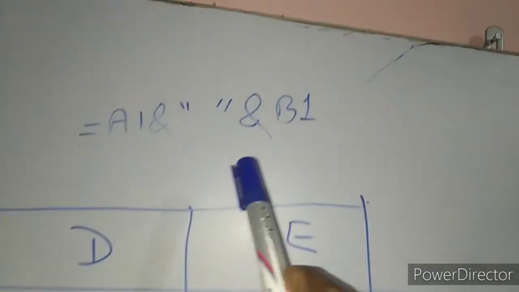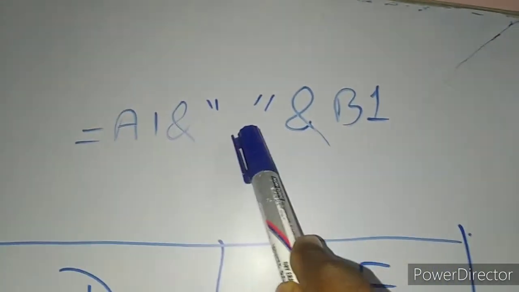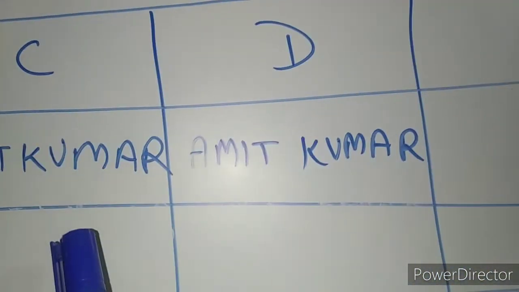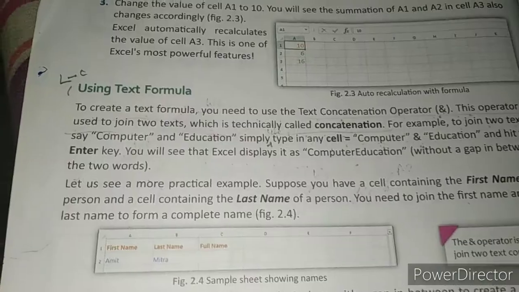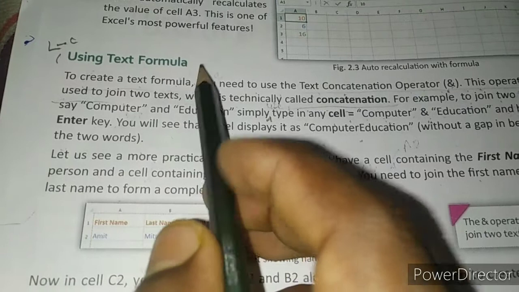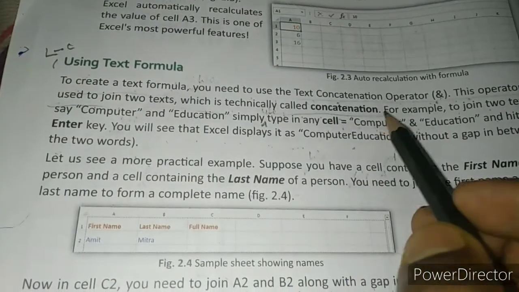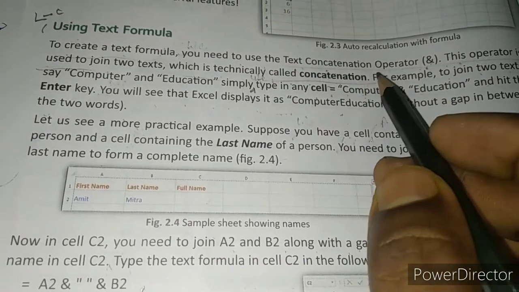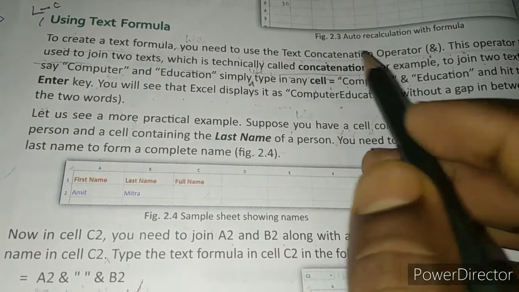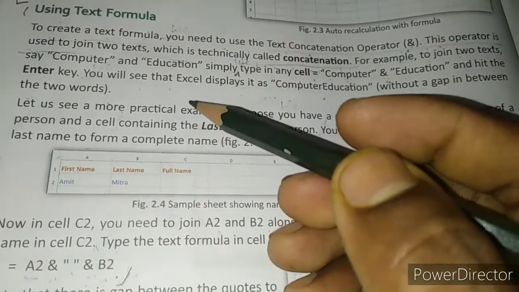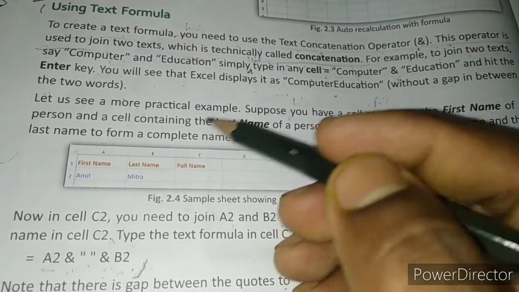But when we use the formula like this, A1 & empty space in double quotes & B1, then there will be an empty space, like this: Amit Kumar. So here we can use the text formula. For this, the concatenation operator is used, and by using this we can join two words or two sentences, and this can be done in two forms, which I have explained.